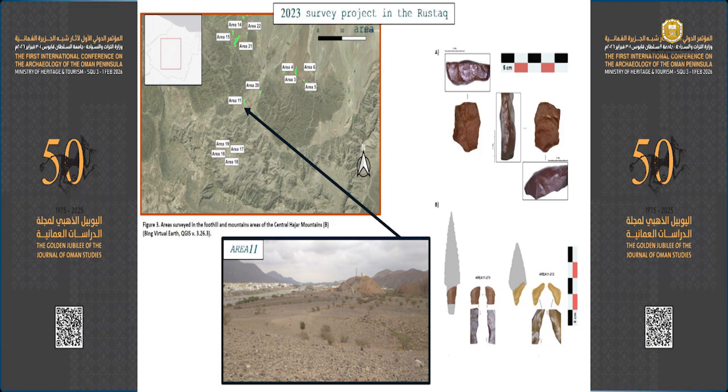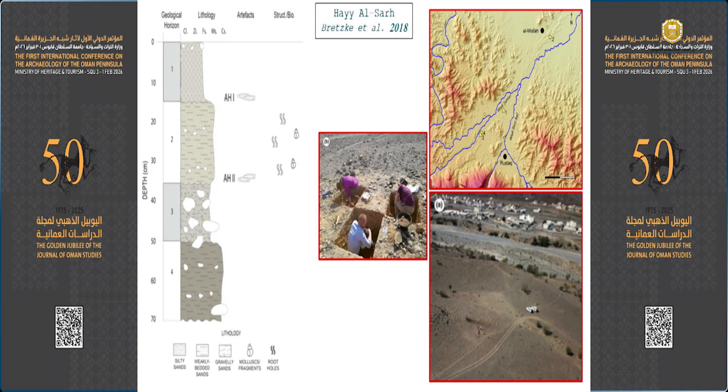And in particular, one site that seemed to us very interesting is the High Al-Sark site that was tested inside this project by Knax Bresk and his colleagues. It seemed a very interesting site because they identified one or two lithic scatters that were protected under more or less 10-15 centimeters of sandy sediments.